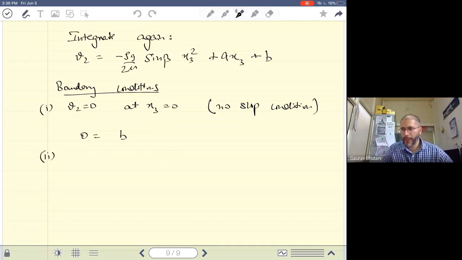And the second boundary condition you have is a free shear boundary condition. So what that means is, on the top surface of the flow, there is no shear, or there's no traction. Again, that is something that we can easily understand.